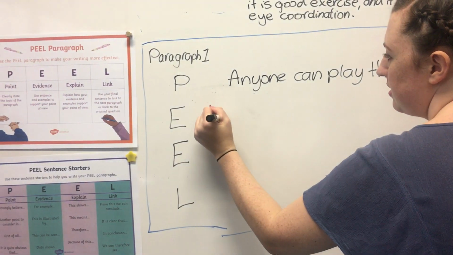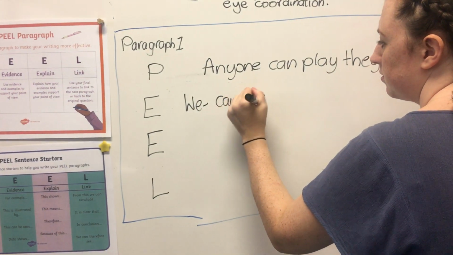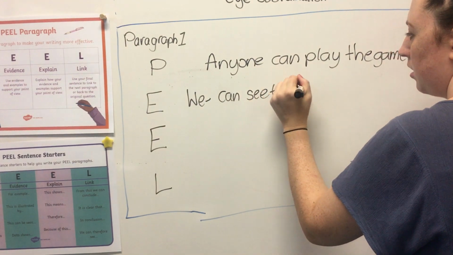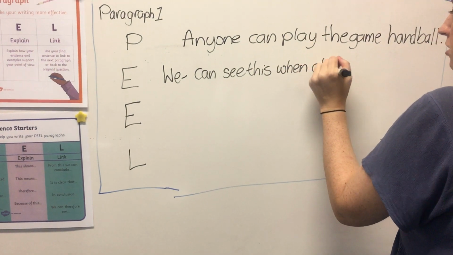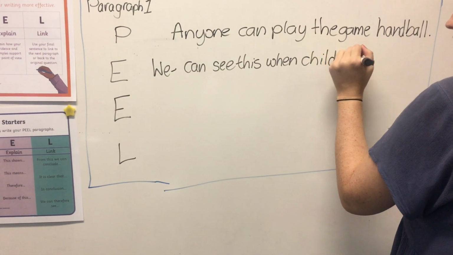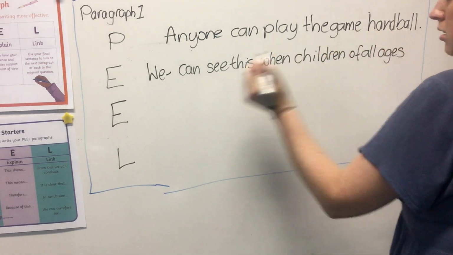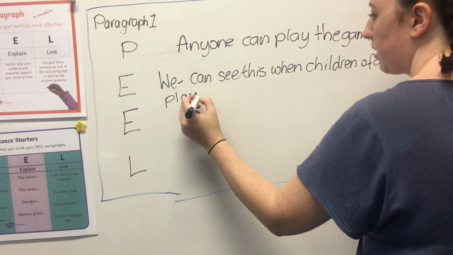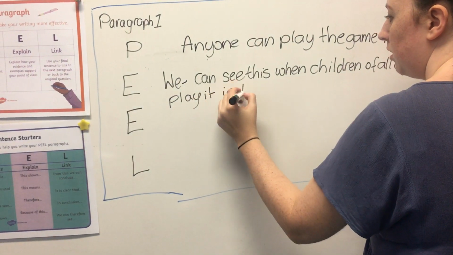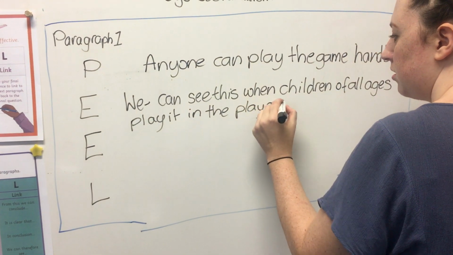We can see this when children of all ages play it in the playground. We see that in our school all the time. In the playground. So that's some evidence.